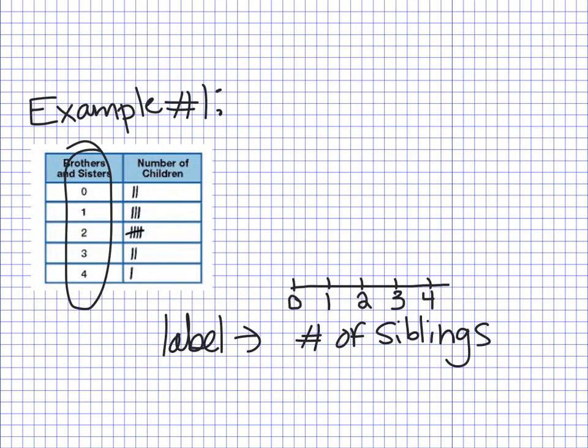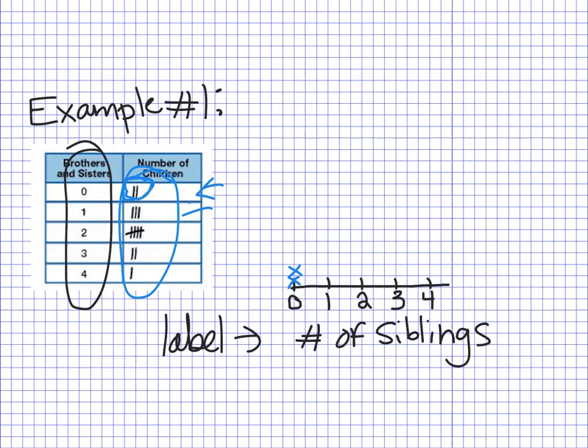Okay, and then I'm going to translate this data here into my X's, or some people do dots. So I can see that 2 children had 0 siblings. So I'm going to put 2 X's above the 0. 1, 2.